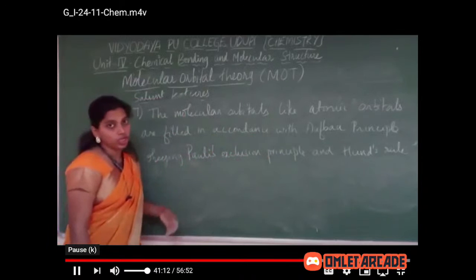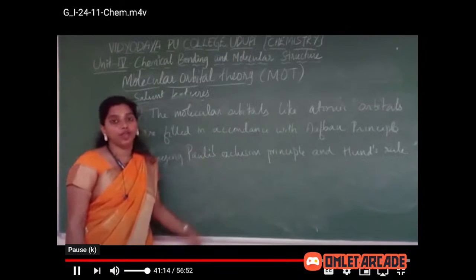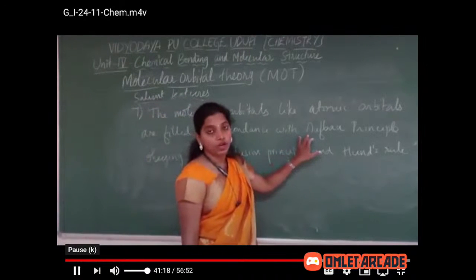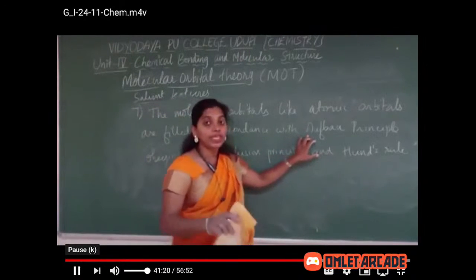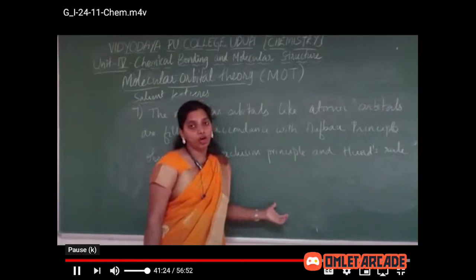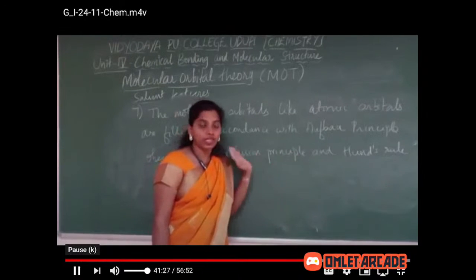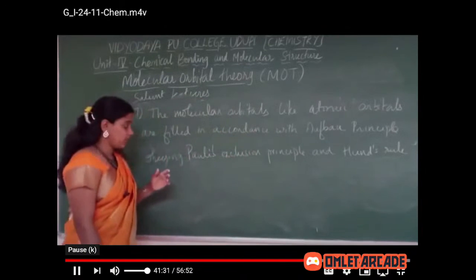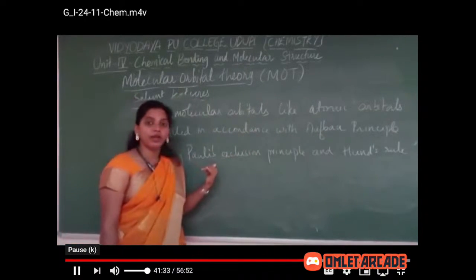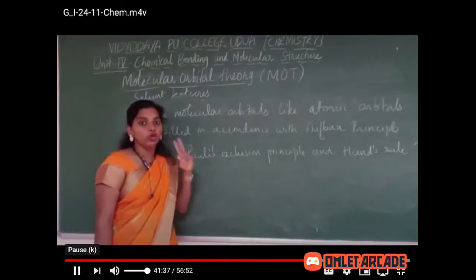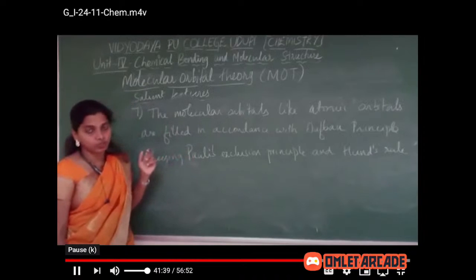Similarly, filling of the molecular orbitals is similar to that of the atomic orbitals. Aufbau principle means filling of the molecular orbitals in the increasing order of their energy. Lower energy molecular orbitals are filled first. Pauli's exclusion principle means a molecular orbital can have maximum 2 electrons with opposite spin.